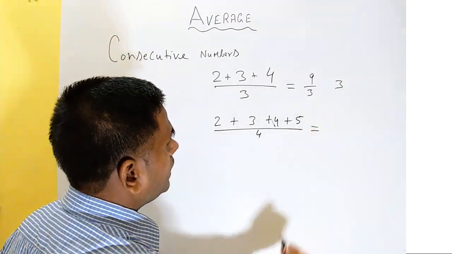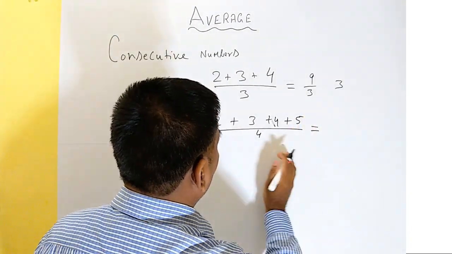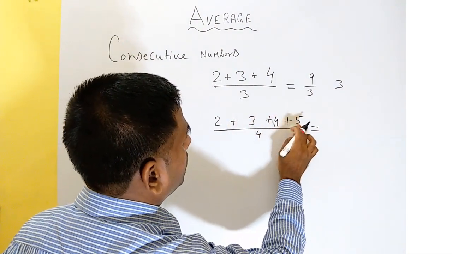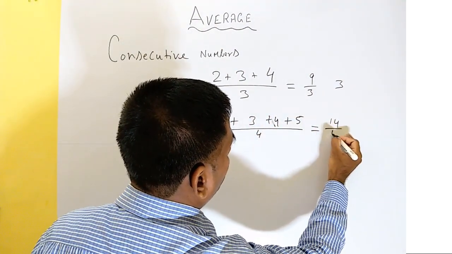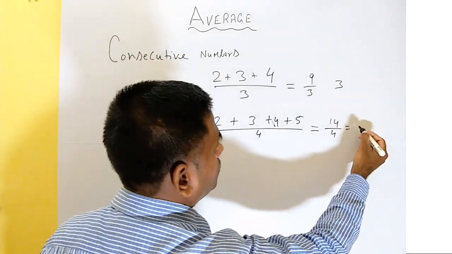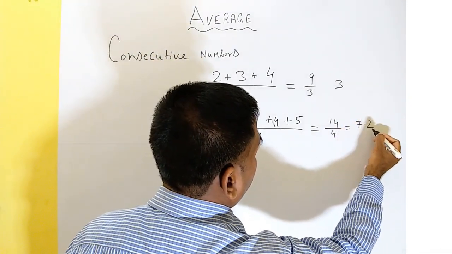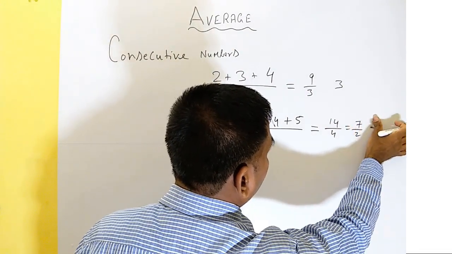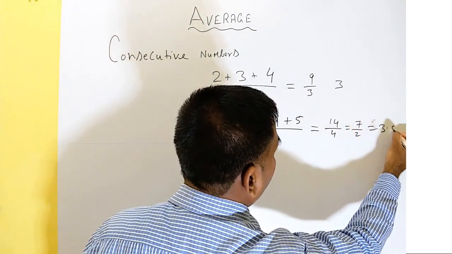Now if we add this, 9 plus 5 is 14, 14 upon 4. So this will become 7 by 2, which is 3.5.